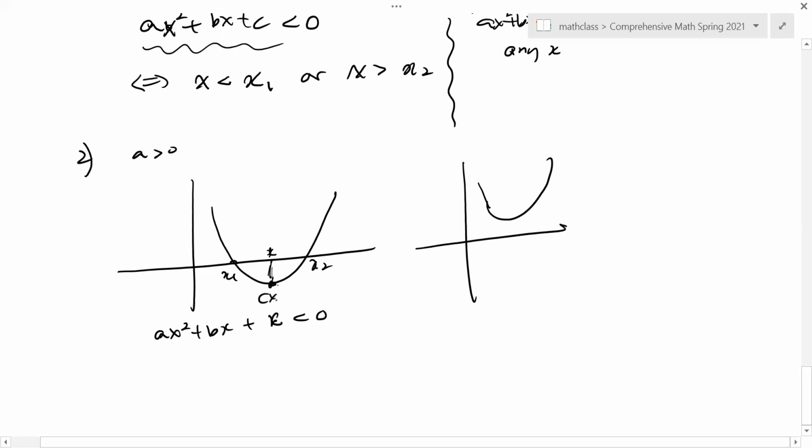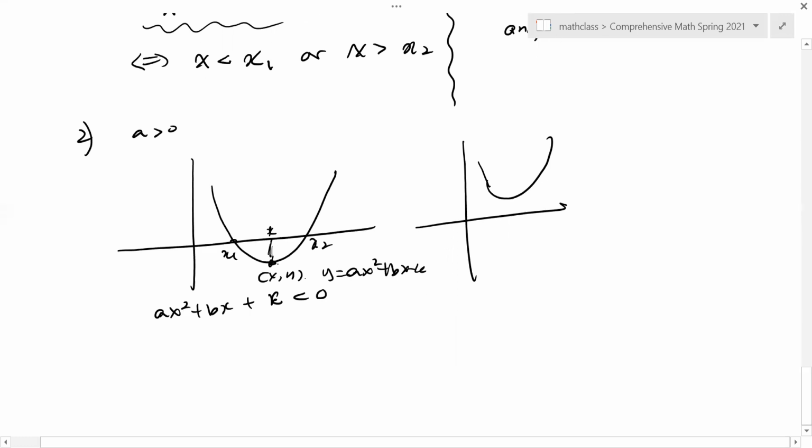Because an arbitrary point here, x is a corresponding x, but this y is determined by ax squared plus bx plus c because that's called the graph, right? Otherwise, it's not the graph of this function. So it's equivalent to saying that x is greater than x1 and less than x2. But in this case, no intersection with the x-axis.